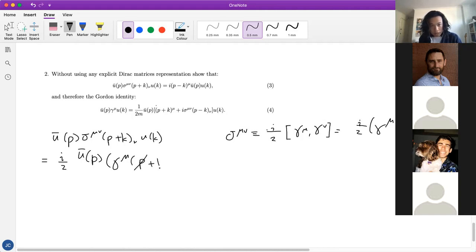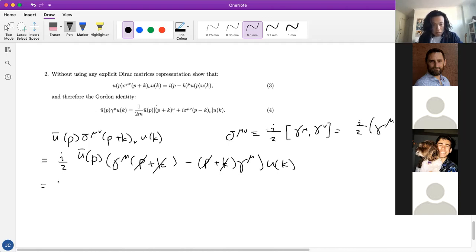So you get (P plus K) slashed. And then minus, now this one multiplied by the first gamma matrix, so it's going to be (P slash plus K slash) gamma mu. And that's it. And then u of K. Okay, cool.